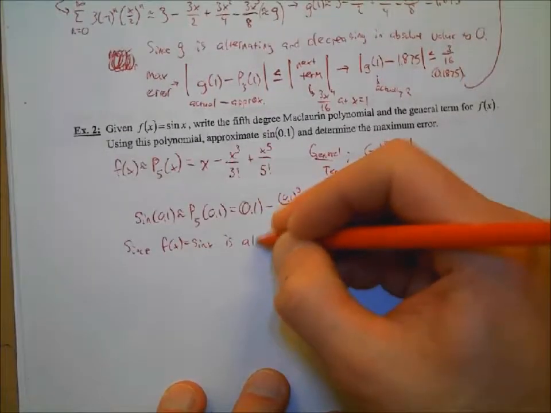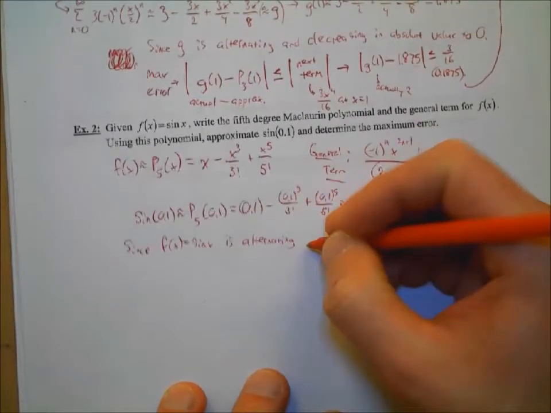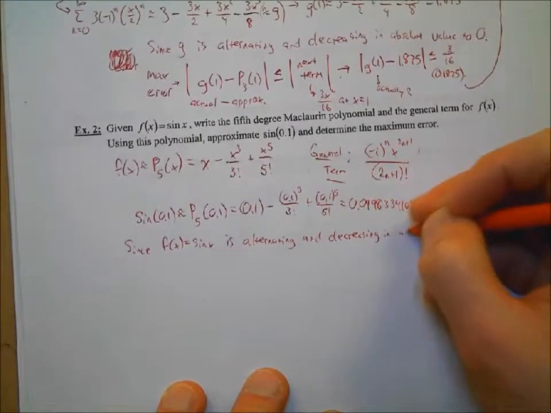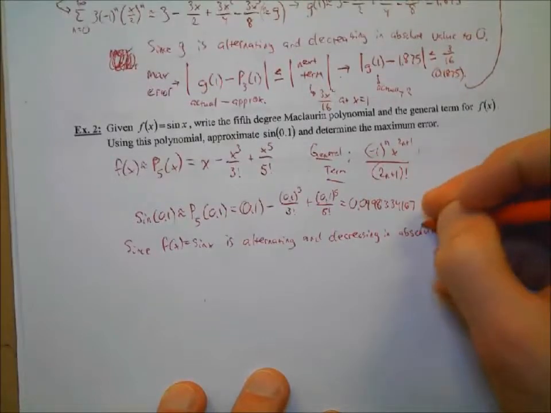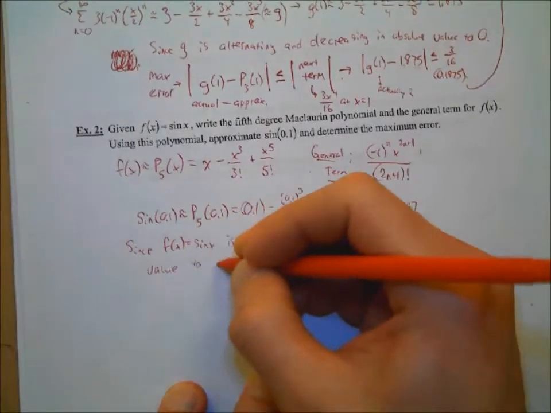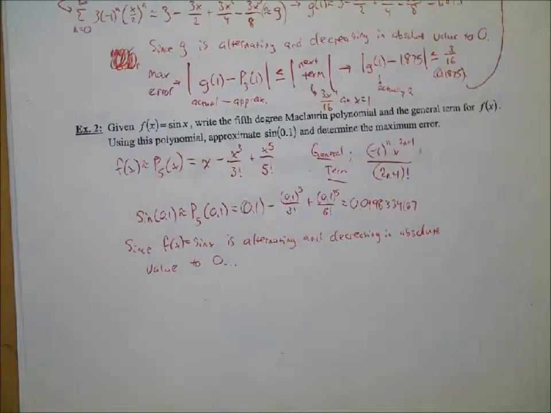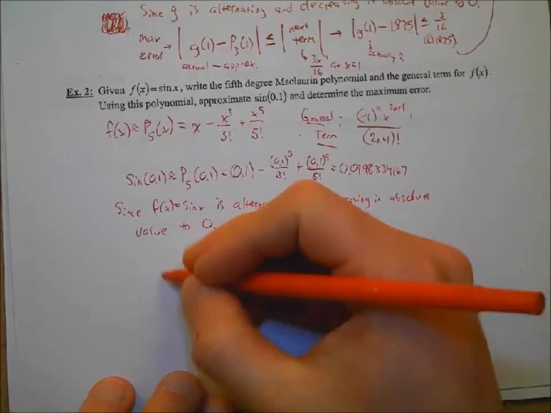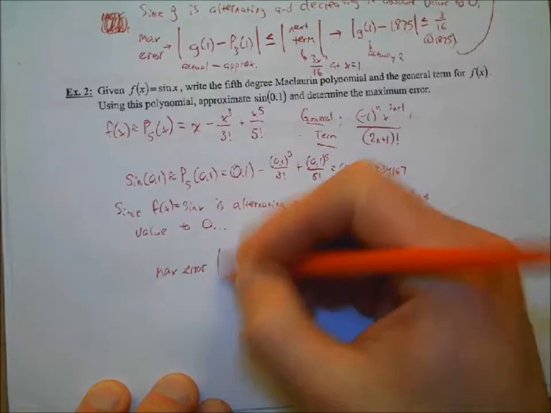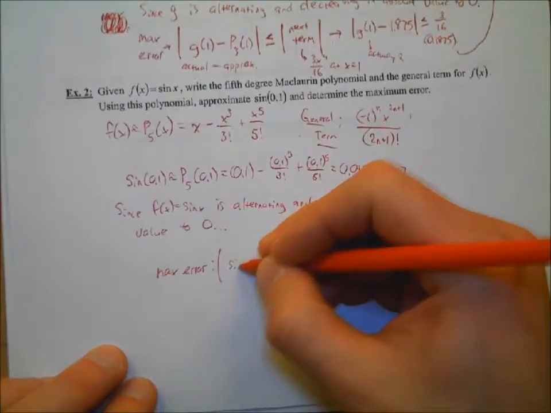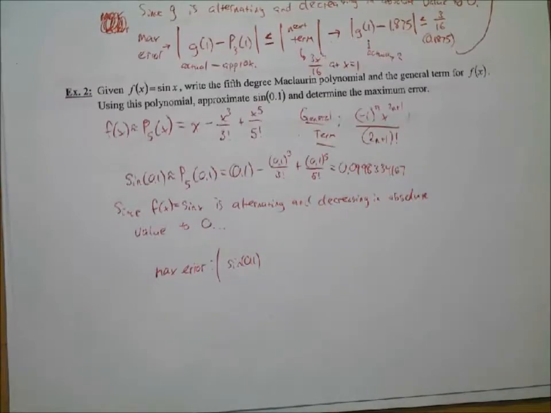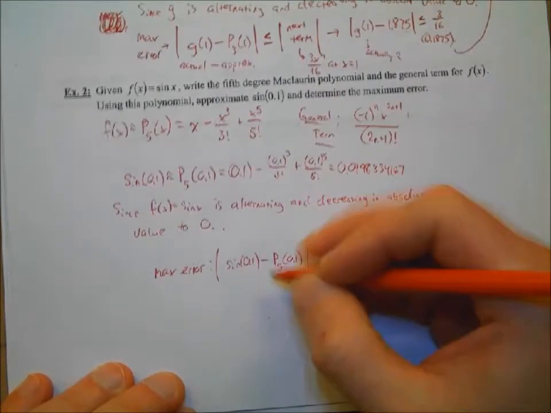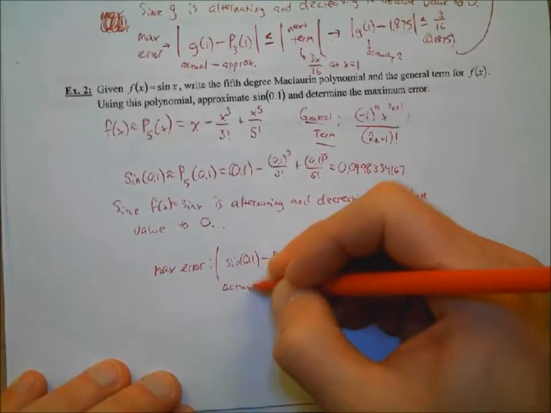So since f of x equals sine of x is alternating and decreasing in absolute value to 0, the max error, which is the estimation of the actual error that we're going to write out, is actual minus approximate.